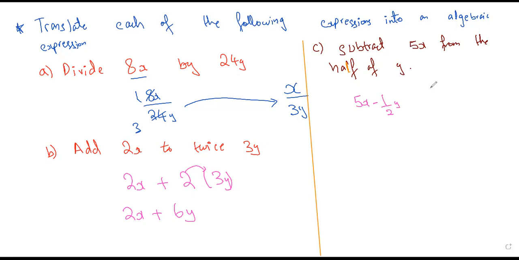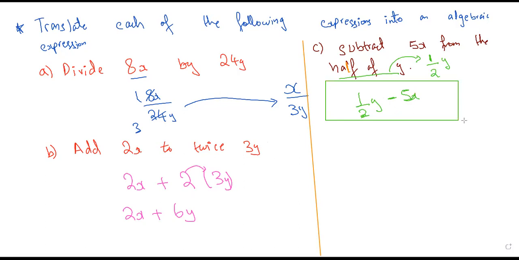Very well done, excellent. Because it is subtract 5x from the half of y. So this basically is 1 by 2y, and since you need to subtract 5x from this, the thing coming after 'from' will be written first. Then we have minus 5x. So this is what we will get. All right. Let's talk about some more because this is very, very important.